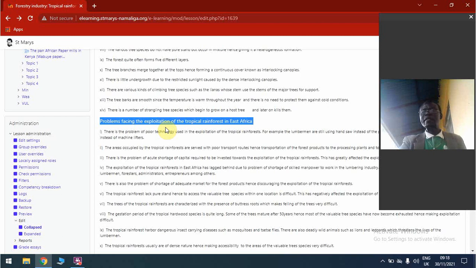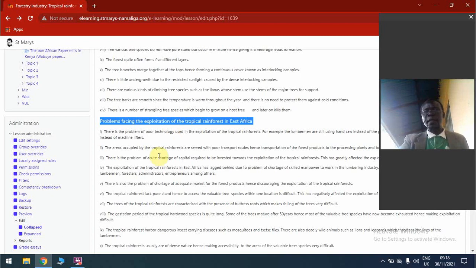These problems mainly emerge out of the characteristics of the tropical rainforests. The problems also emerge out of the economy of our country, of our region. The problems also emerge out of some other physical conditions. And what are these problems?